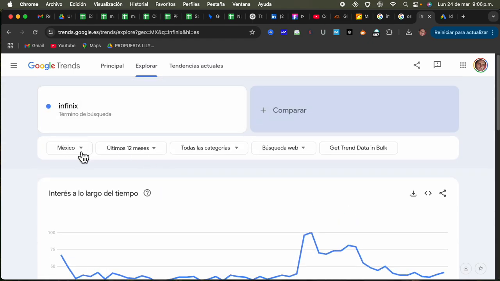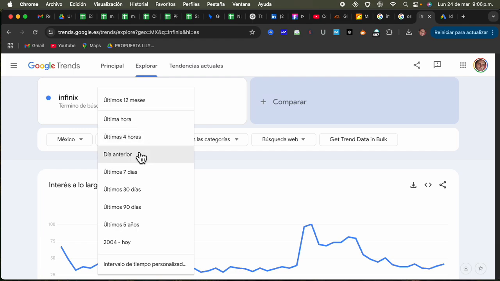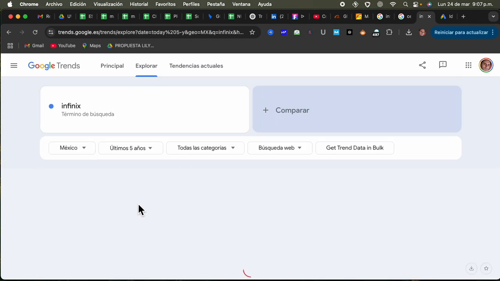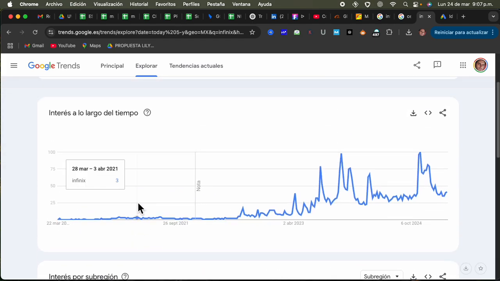This is in Mexico, and this is the last 12 months, but we can filter the last 5 years. And as you can see, in 2020 there were no searches, or maybe very little, and they start having interest maybe in July 2022, maybe a little bit more searches, 14, 17. This is the level of interest. 100% is the highest level of interest.